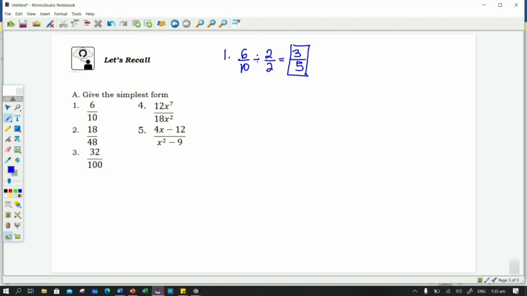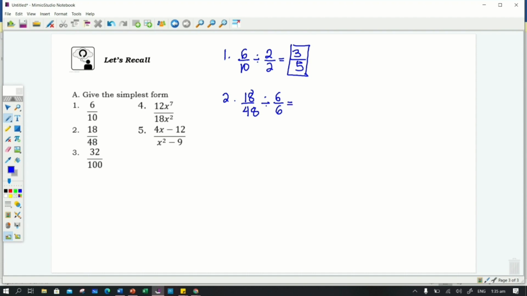Now let's say we're going to simplify number 2, that is 18 all over 48. Suppose we divide both sides by 6, since 18 and 48 are both divisible by 6.